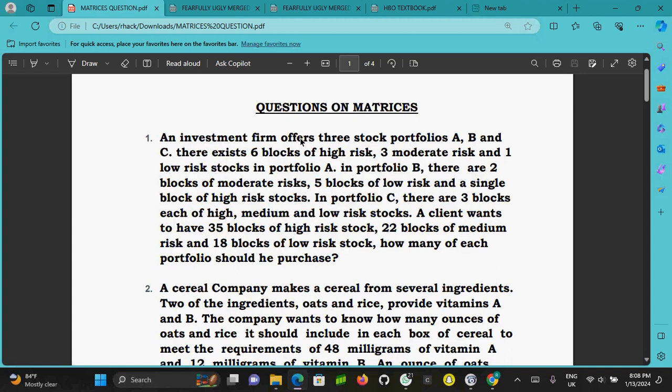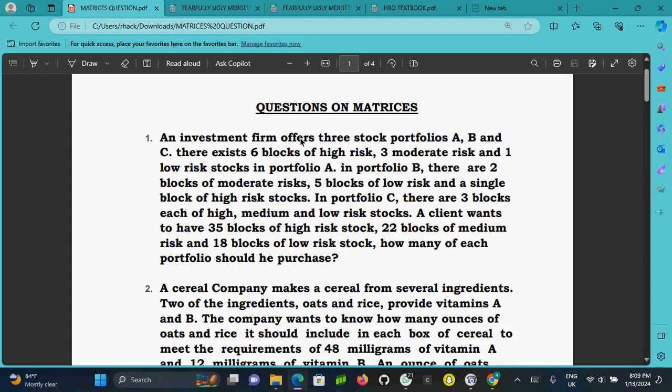In portfolio C, there are 3 blocks each of high, medium, and low risk stocks.